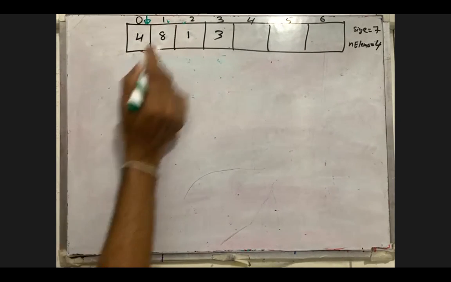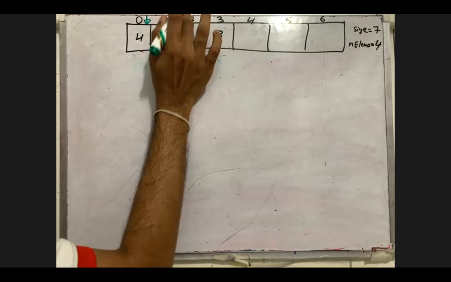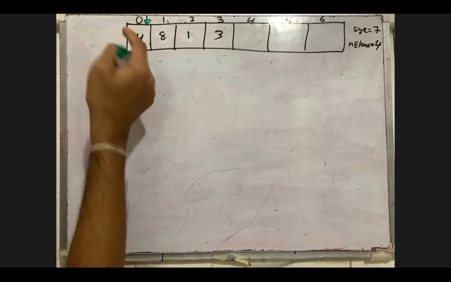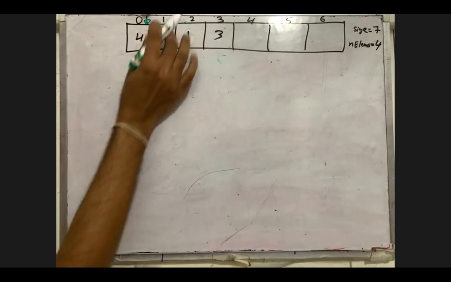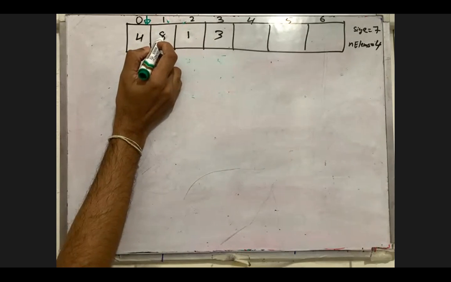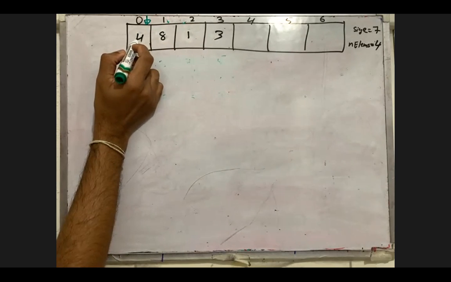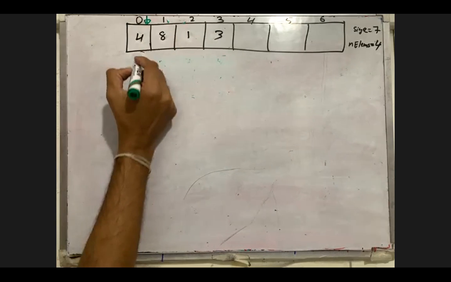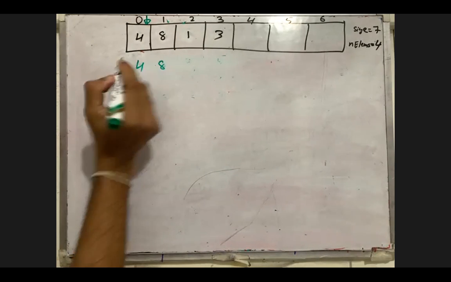Go to the first one. Compare with the next one. It comes to the 0th location. Compare with the next one. 8 is largest. 4 is smallest. Therefore, do not swap. Put it as it is.